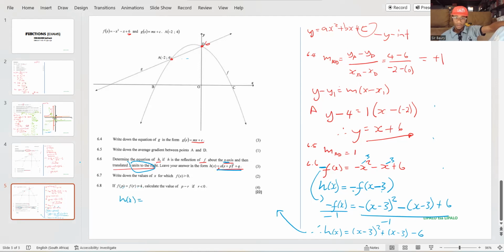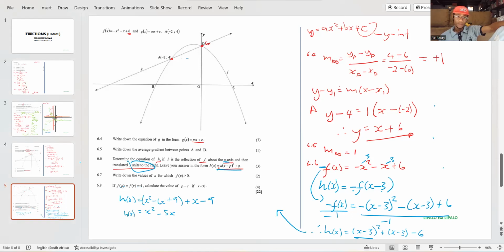So h of x equal to, if I break this down, I'm going to have x squared minus 6x plus 9, then plus x, then the 6 and the 3 make a negative 9. So this is equal to x squared minus 5x.